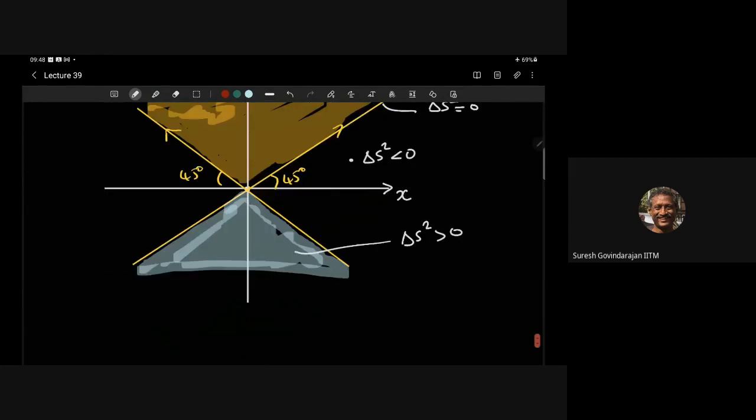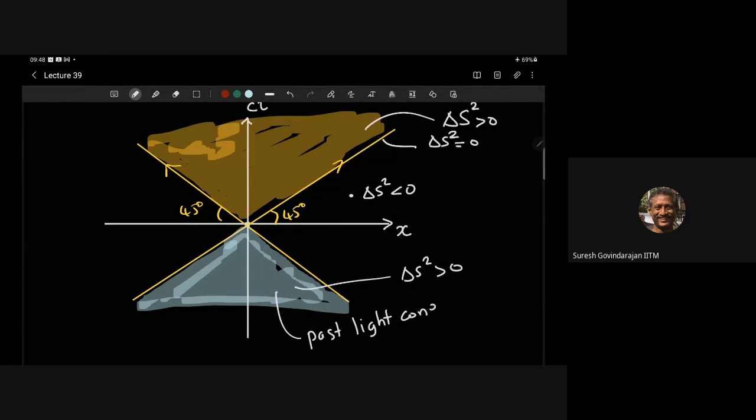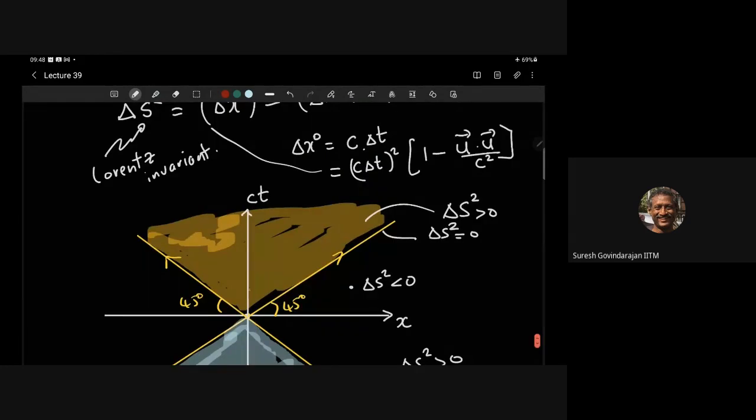These have names. With respect to this origin point, all points here are in the past. So this is called the past light cone. You'll see why it's called a cone. And all points that are here will be in the future light cone. Let's call this point O.